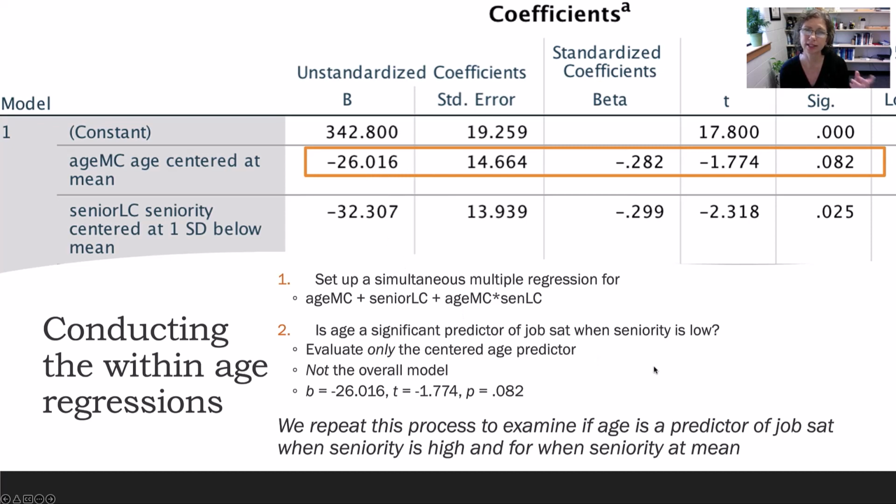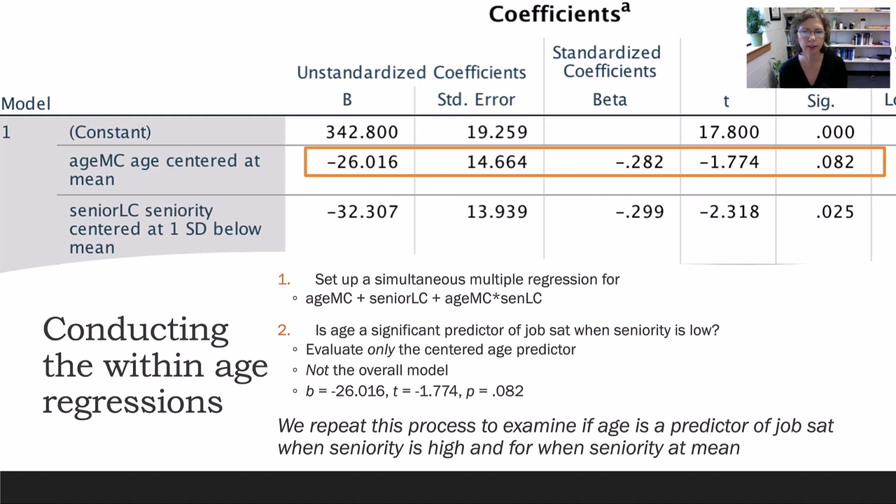So that's why it's called a simple slope, because it's only got one of the predictors, because you're already holding seniority at low for this regression, this kind of post hoc regression.